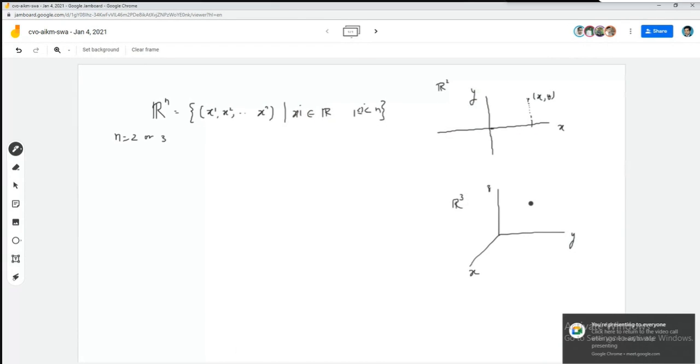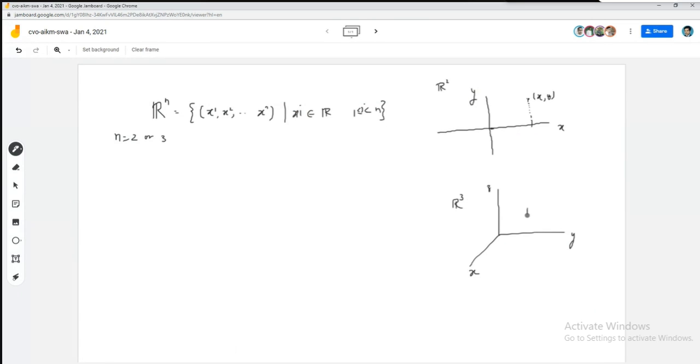If you take a point here, you have to take a perpendicular on this xy plane and then a perpendicular on this y-axis. So this is the point P, and maybe you can also join this point.